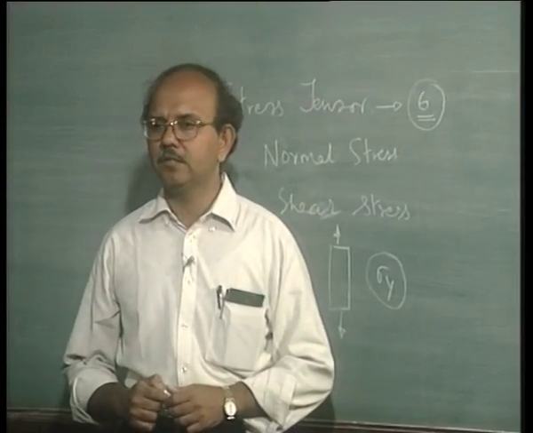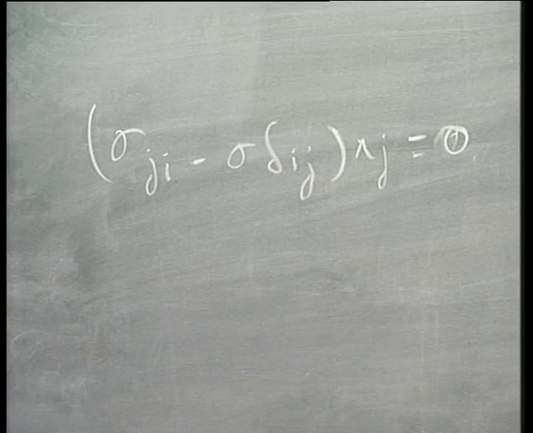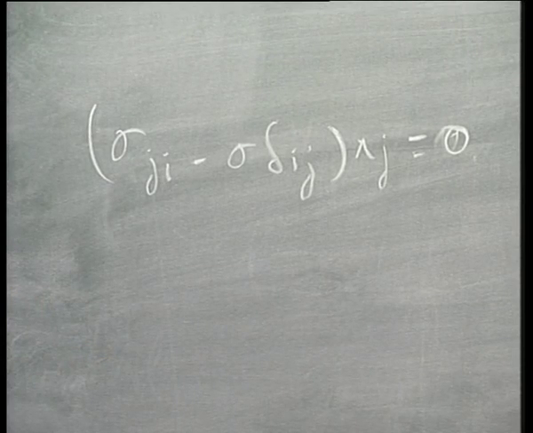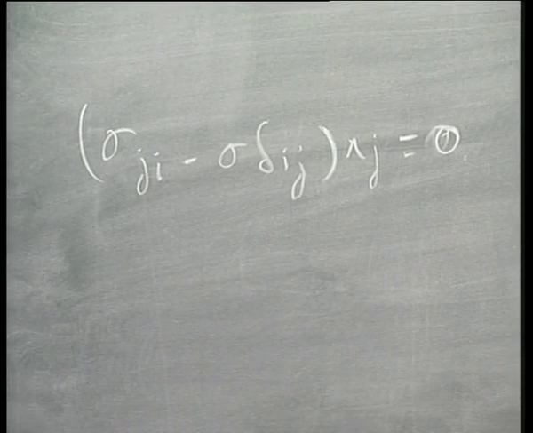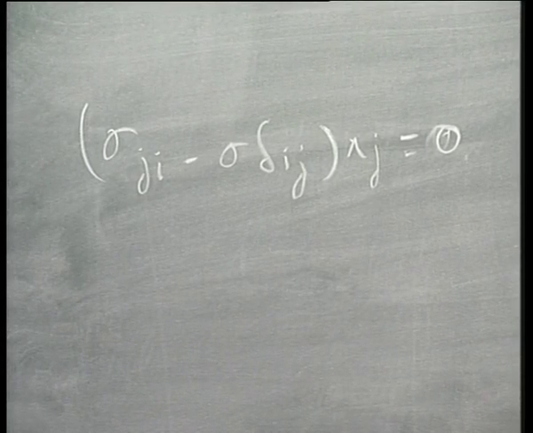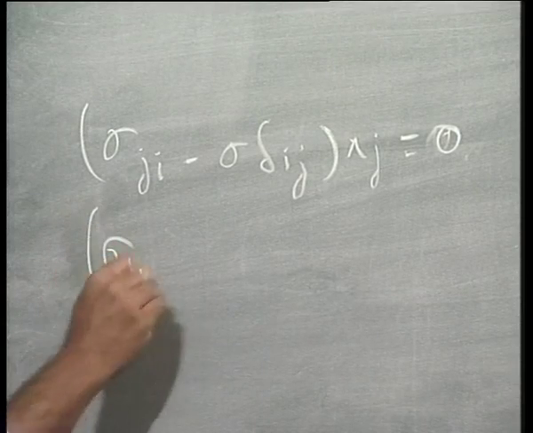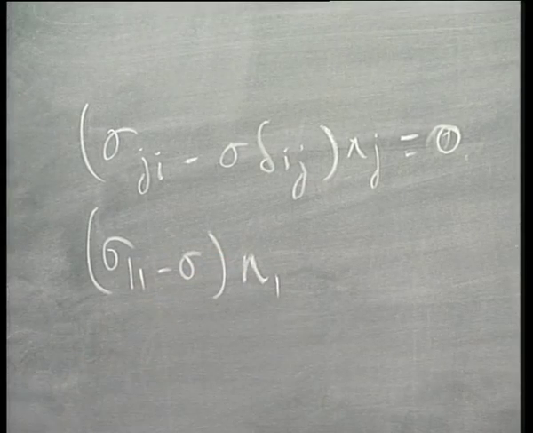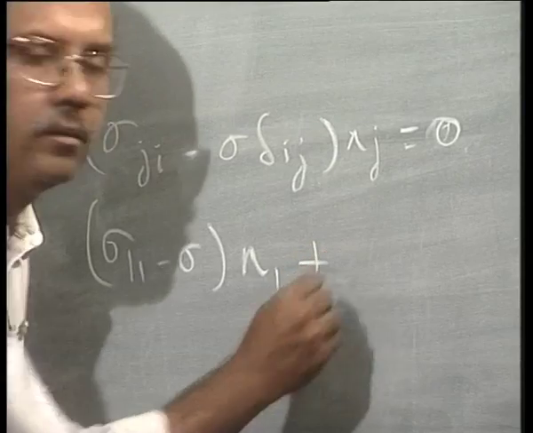Now what else do you get from that equation? Or in other words, how many equations are there, by the way? 3 equations. Okay. If you want, you can write it down as sigma 11 minus sigma into n1 plus, what is the second part?